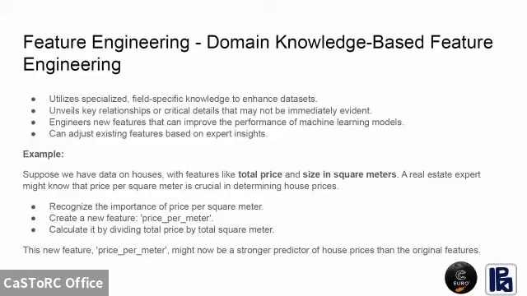I'm going to show you an example. For example, if you are dealing with the price, predict the price of a house. In your data set, you may have the total price and the size in square meters. What you can do is combine these two features and create a price per meter.